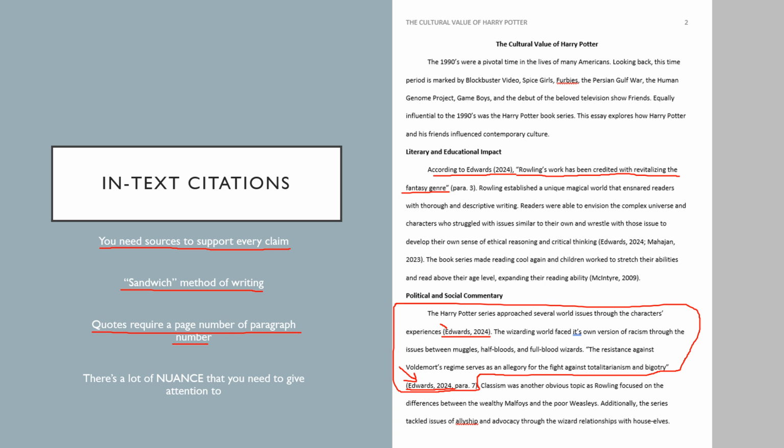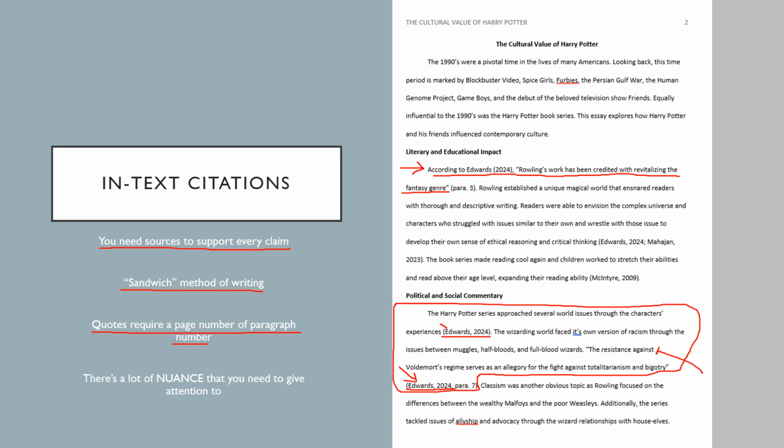So again, in the second or the third paragraph at the bottom of the page, you can see another quote, and I did it differently. So in this paragraph, I said according to Edwards, and I started it that way. Here in this paragraph, I just started with the quote. The resistance against Voldemort's regime serves as an allegory for the fight against totalitarianism and bigotry, end quote.